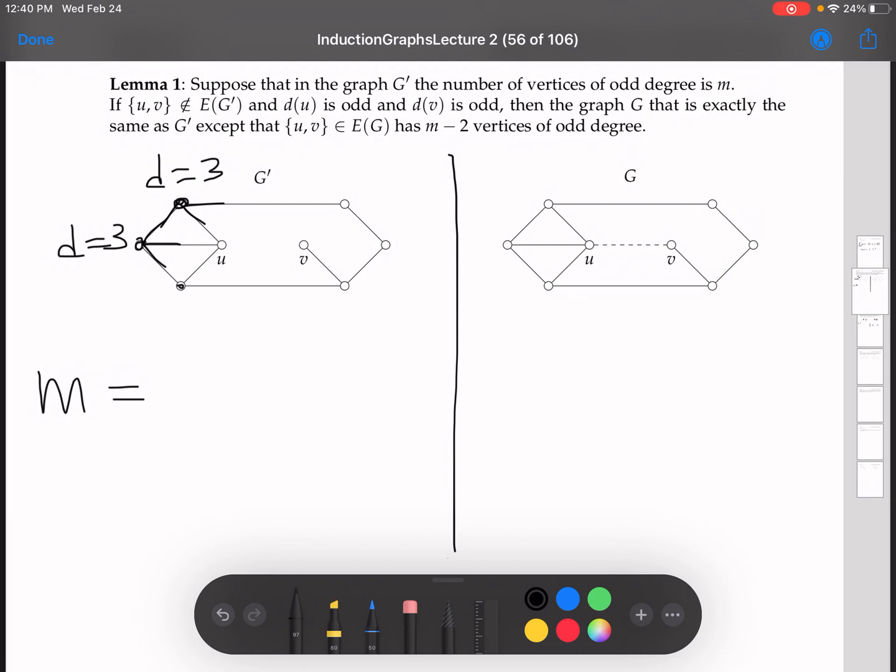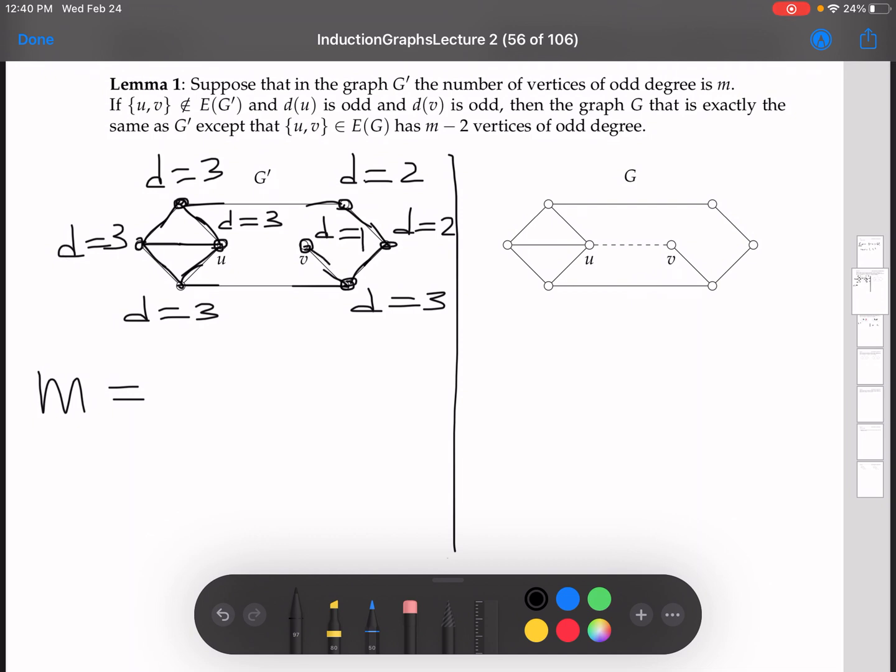This vertex, 1, 2, 3, degree is 3. 1, 2, 3, degree is 3. Let's see, 1, 2, degree is 2. 1, 2, degree is 2. 1, 2, 3, degree is 3. And here the degree is 1.